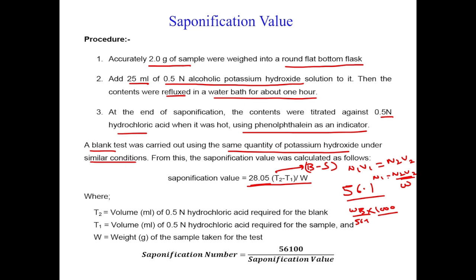Here, for grams, we take the 1000, so it will be N2V2 divided by W.